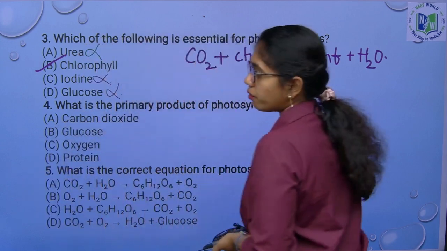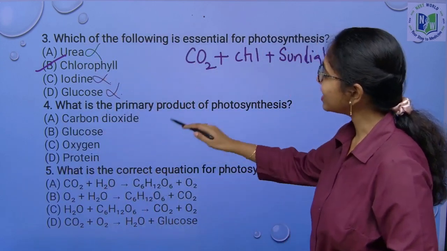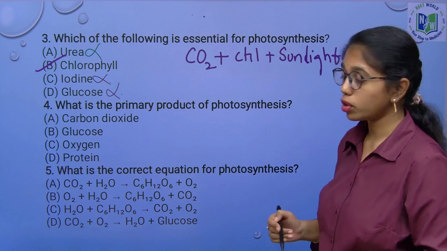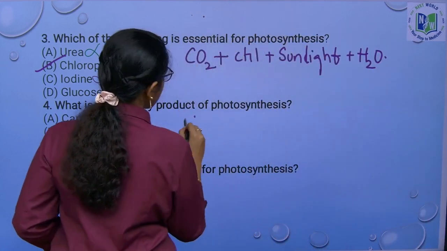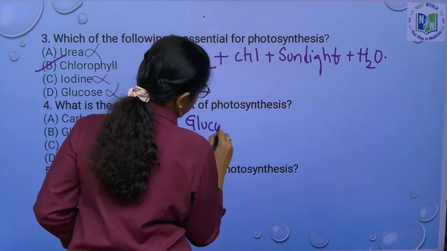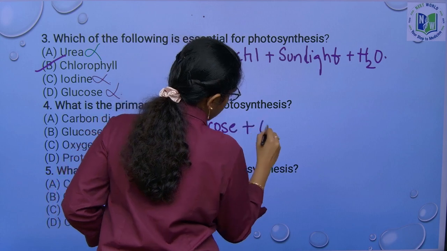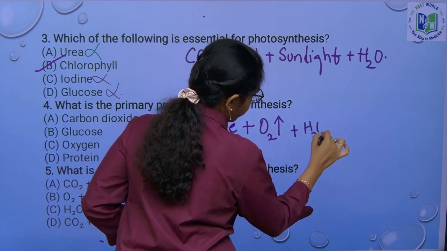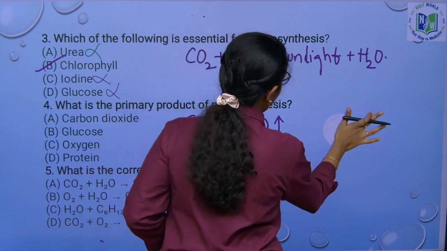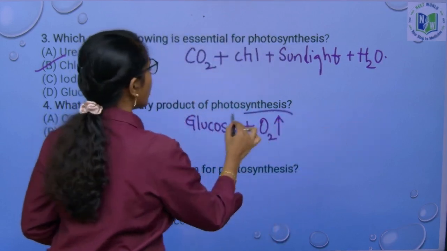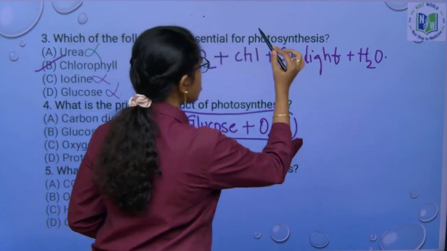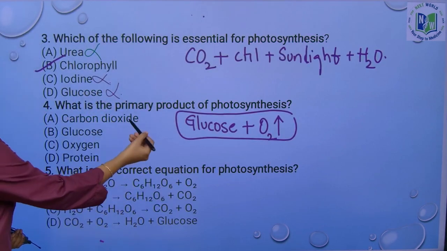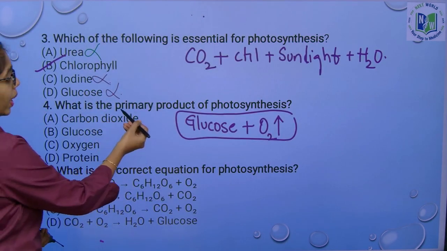And next, what is the primary product of photosynthesis? What are the products of photosynthesis? Glucose and oxygen. Water is split actually, so at the end we will not write it.